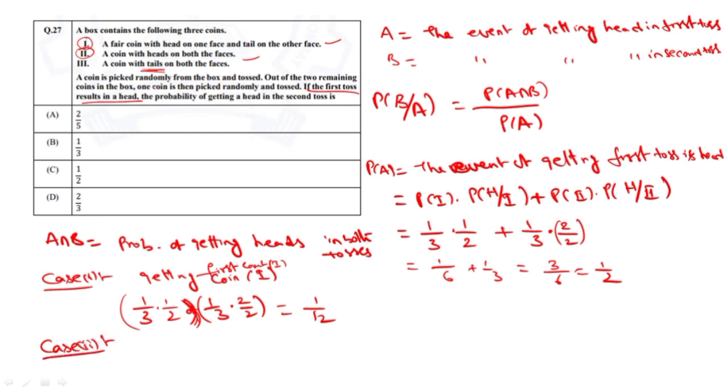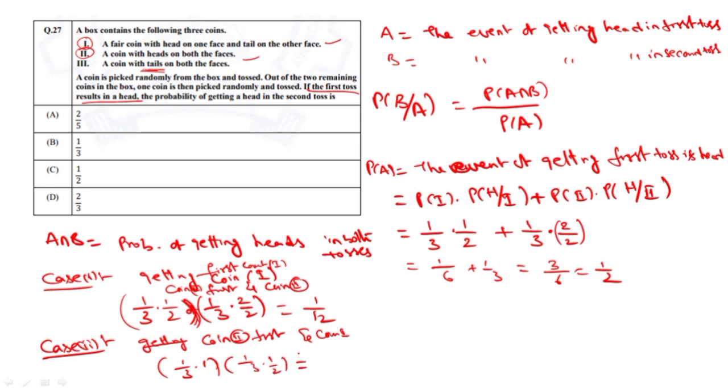Case 2: if I take coin 2 first, then go for coin 1. So this is coin 2 first, then coin 1, 1 by 3 into 1 by 2.